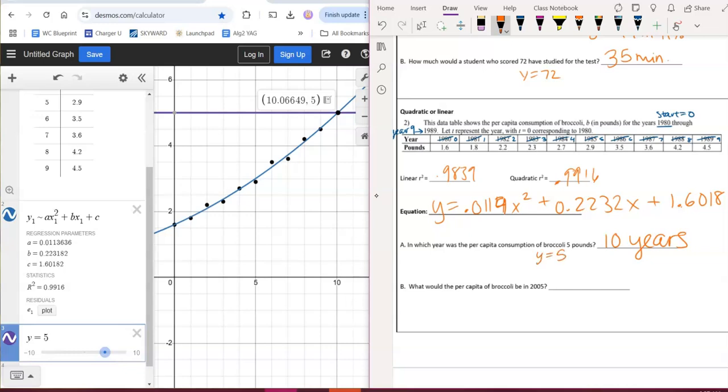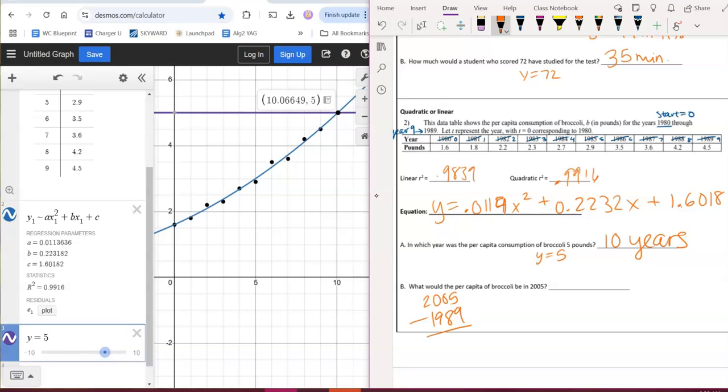What would the per capita of broccoli be in 2005? Well, 2005 would be, the 9th year is 1989, so 2005 would be the 14th year. Oh, wow, I'm counting so wrong. Okay. 2005 minus 1989, that's going to give us 16.